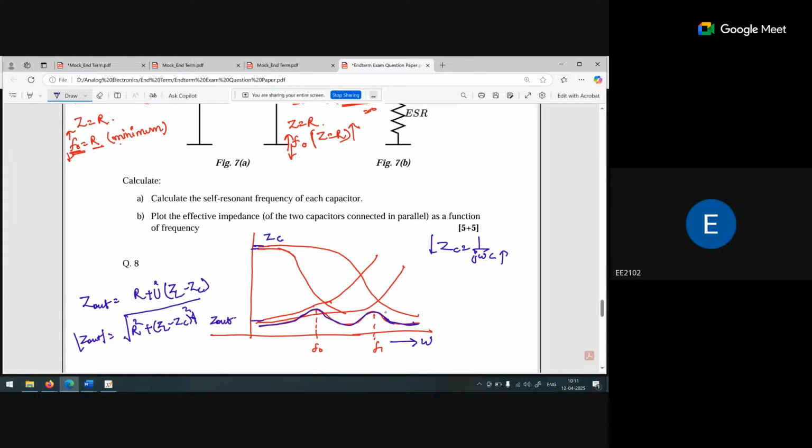Now, initially, if ZC is infinite, this Z out is completely dependent on ZC. So we can say my ZL will be 0. ZL is approximately 0 because ZL is 1 over j omega L. If omega is lower, my ZL will be lower.